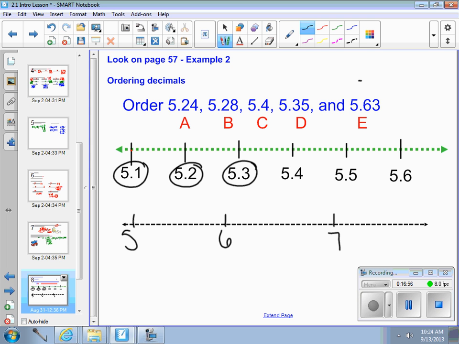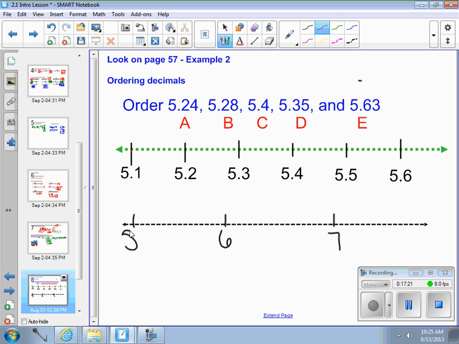So how are we going to compare and order these numbers that they're showing on a number line? You can do the exact same way as we were doing in the previous lesson. Line up the decimals, then put them in the order from least to greatest, since we're doing it on a number line.